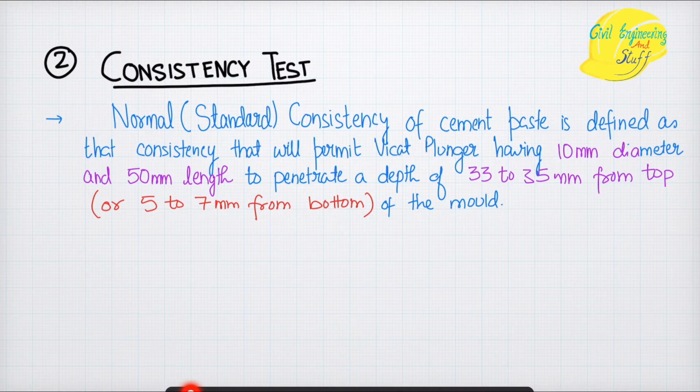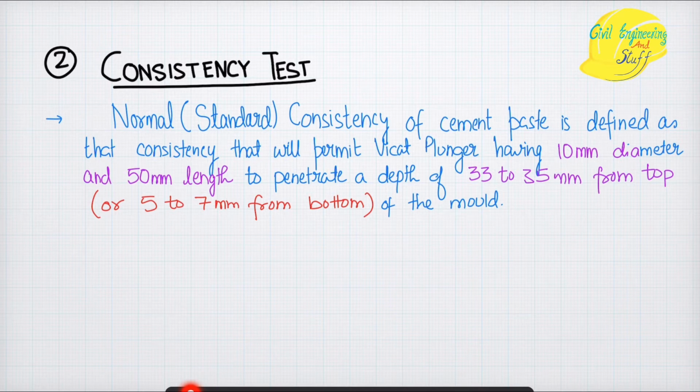That plunger should penetrate up to a depth of 33 to 35 mm from the top, or 5 to 7 mm from the bottom. So when we get this penetration value from a Vicat plunger of this diameter and 50 mm length, then we can say that our paste is consistent, right?